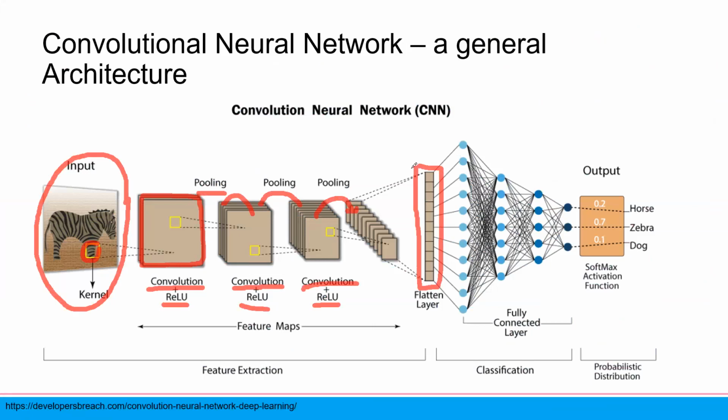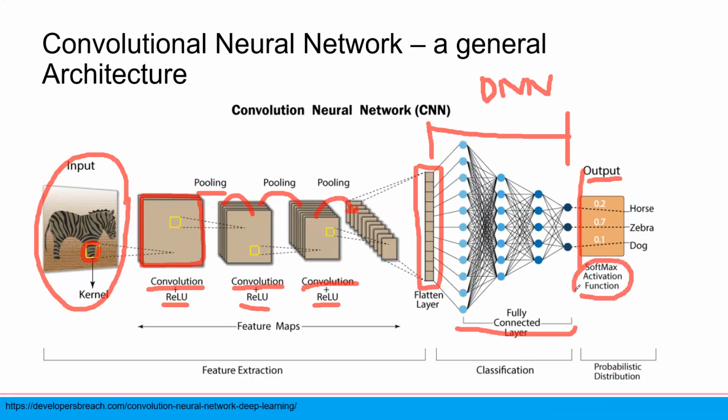After you flatten, you can make the fully connected layer. This part might be similar to the DNN, and you will get the output. At the end you will still have the activation function before you get the probability.